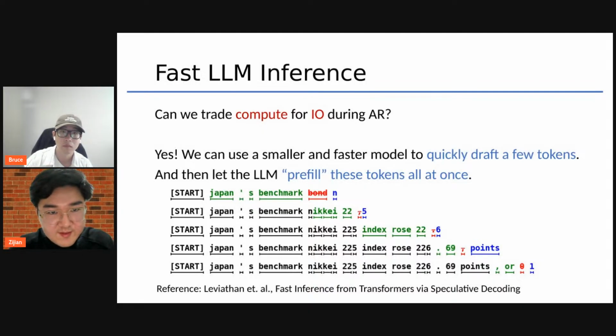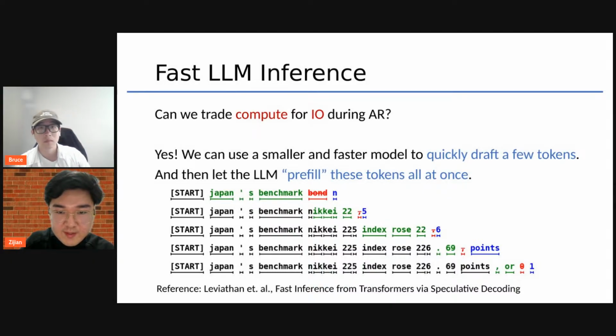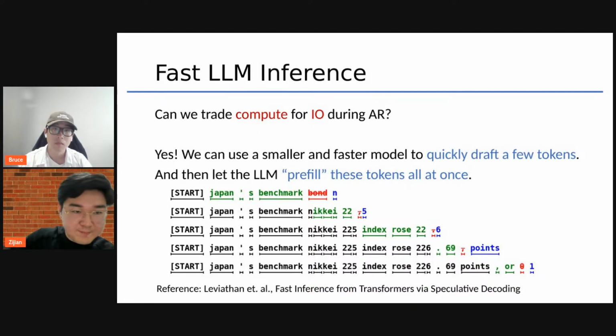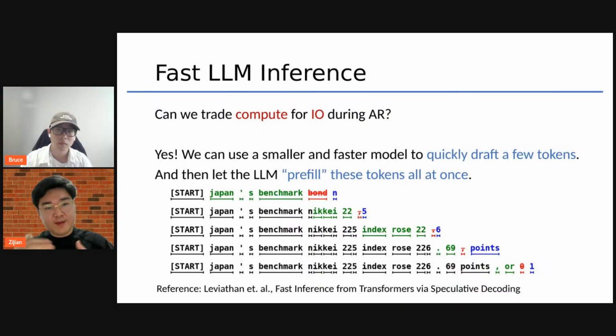So with this kind of speculative decoding, we can allow the large model to generate multiple tokens at a time. Of course, it's not successful every time. Sometimes it will be chunked here, sometimes it will be chunked here, all the red points. But in general, it's still faster than just generating tokens one by one, right? Because by doing this, you can have more tokens generated at each time, in expectation.